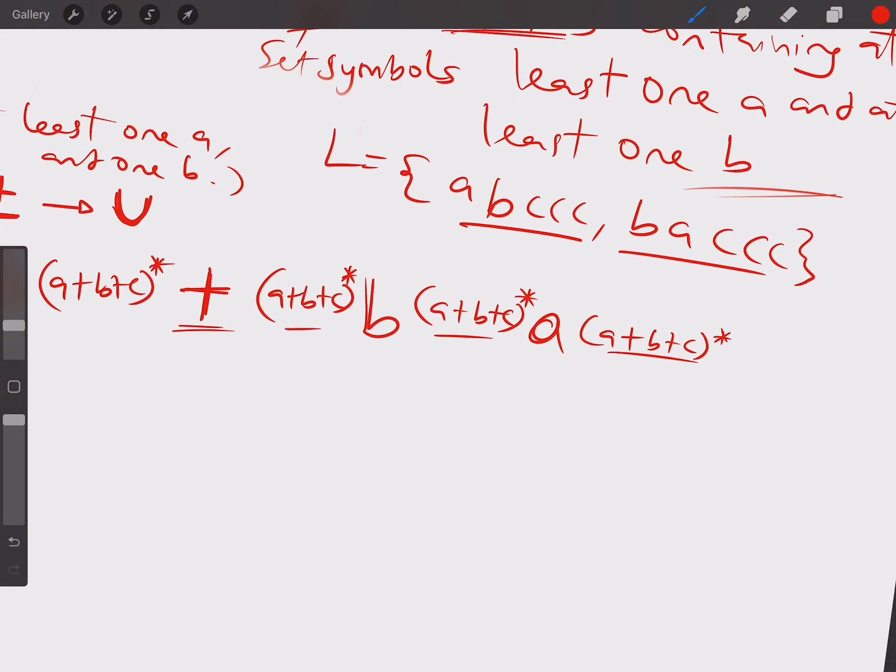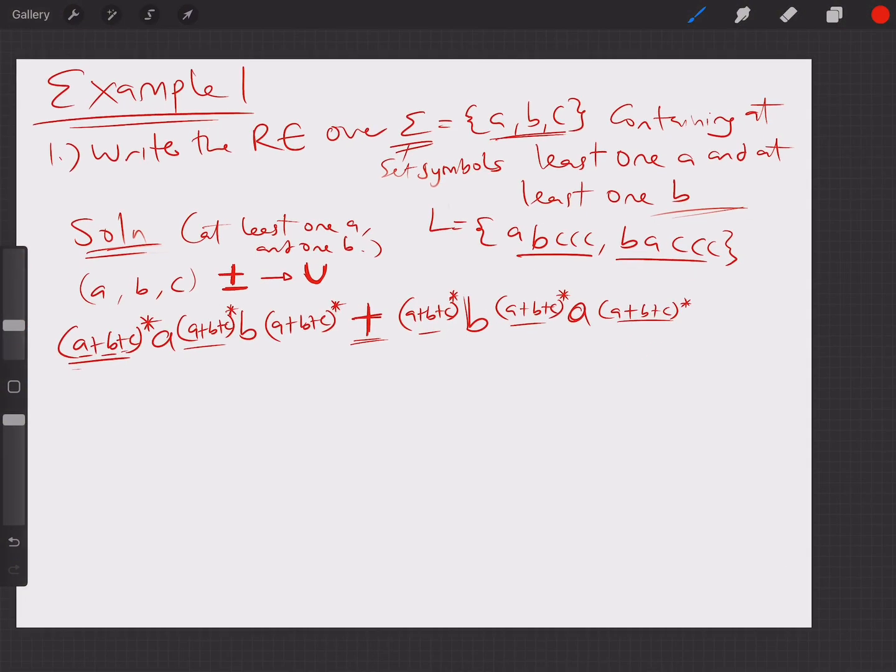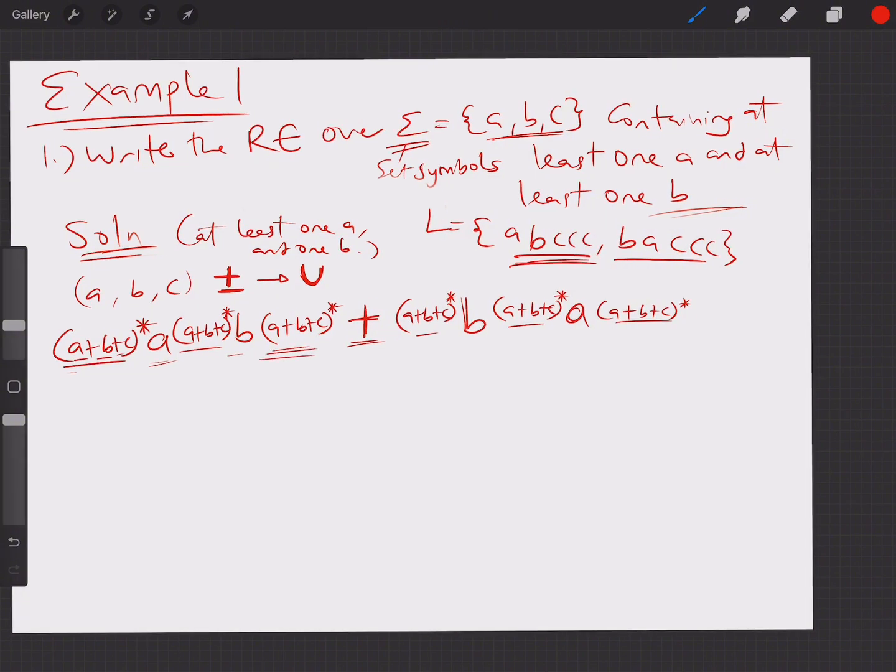So if we want to test this, A, we could pick this, B, we could pick this, and then we could go over this 3 times and pick C. C occurs once, C occurs again, and C occurs the 3rd time. So we'll have A, B, C, C, C. So that checks out.